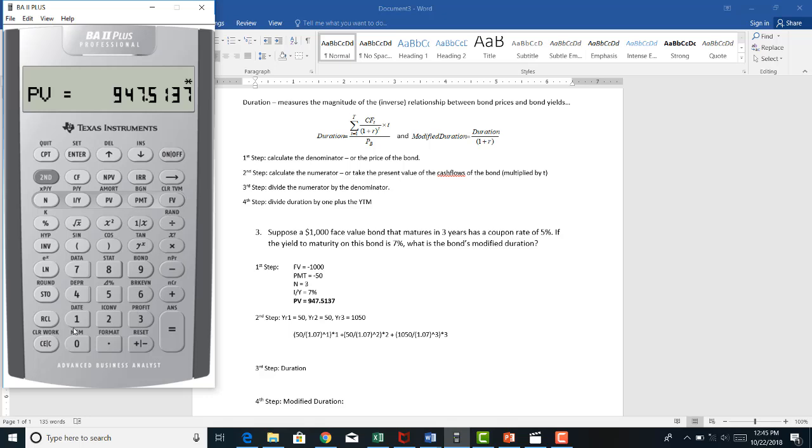Let's do this. Take each in turn here. 1.07 raised to the power of 1 is 1.07. 50 divided by the second answer, and notice that it saved my 1.07. I hit equals again, and I get the present value of the first year's cash flow, which is 46.729.